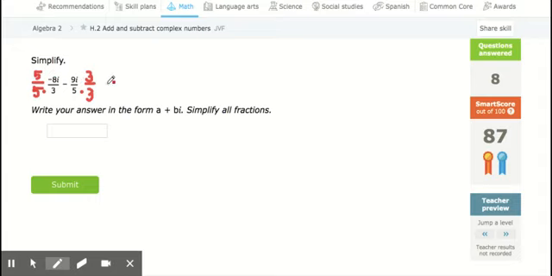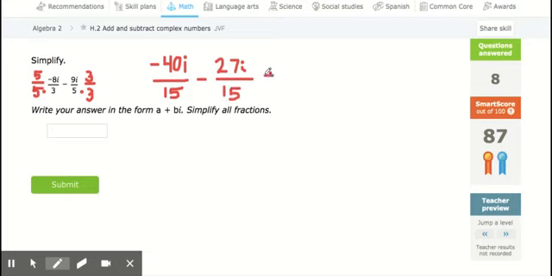So on top here, we'll have negative 40i. That's the 5 times negative 8i, over 15, minus 9i times 3, which is 27i, over 15.